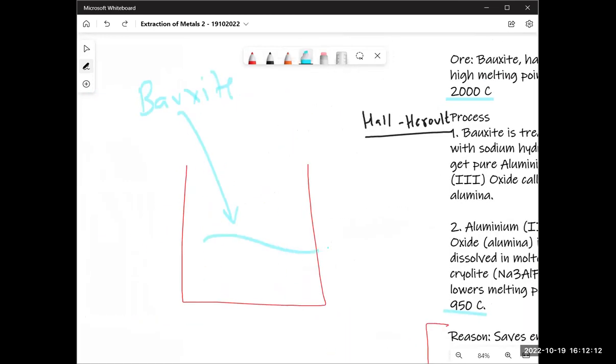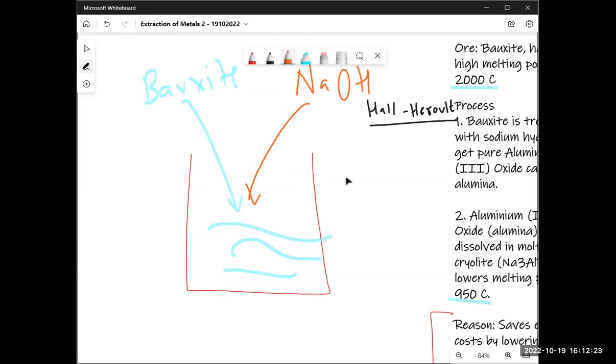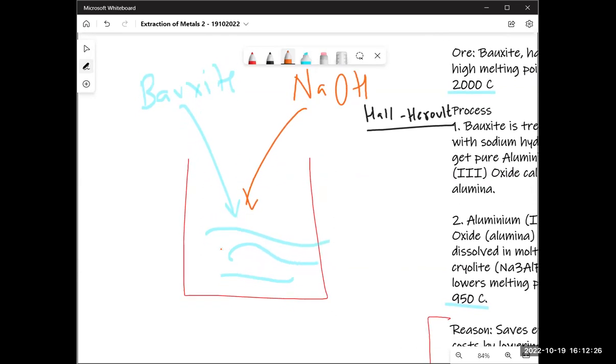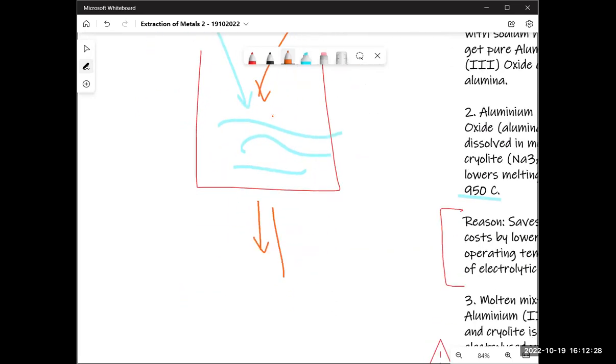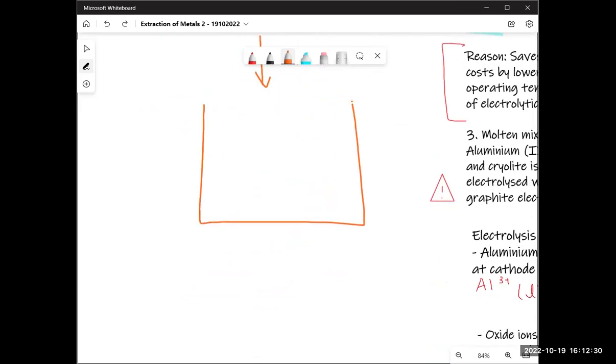So when I have bauxite in this, the next step is sodium hydroxide. When I add this, it will turn into alumina.